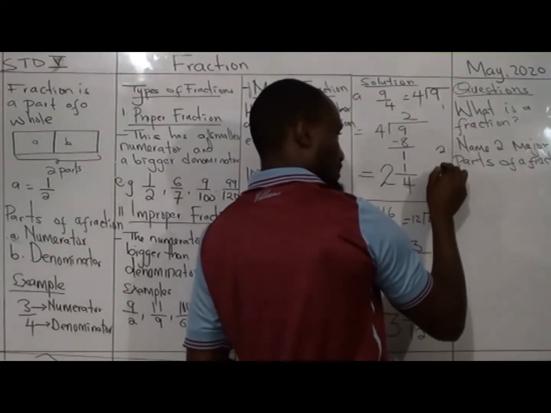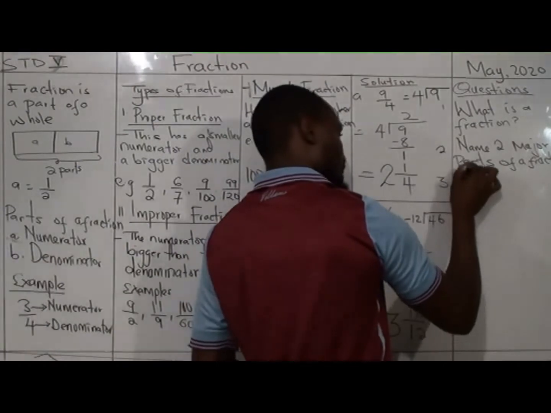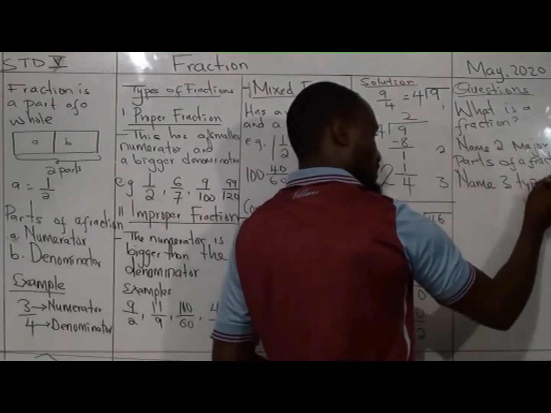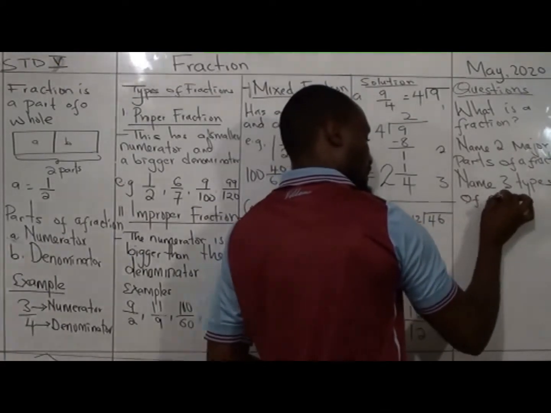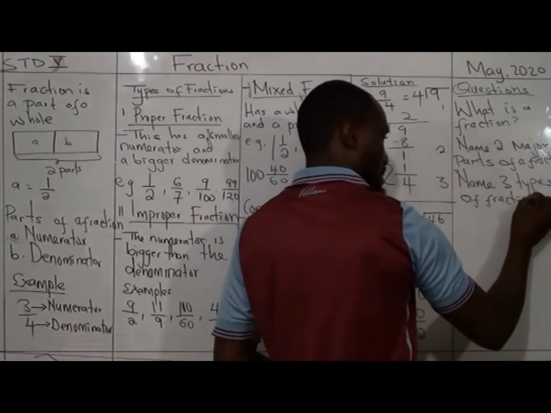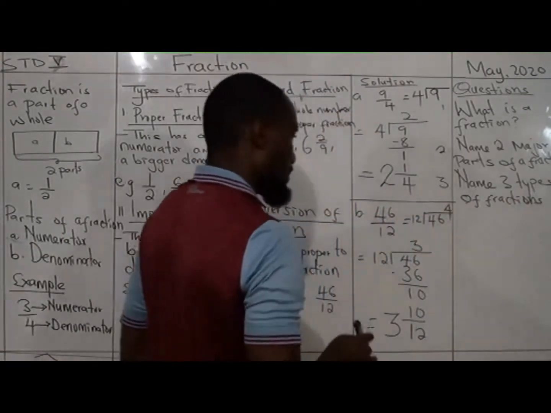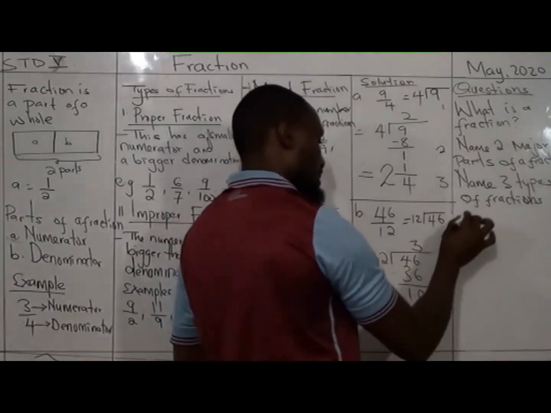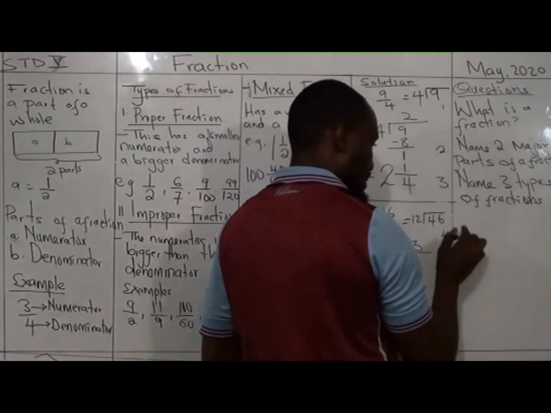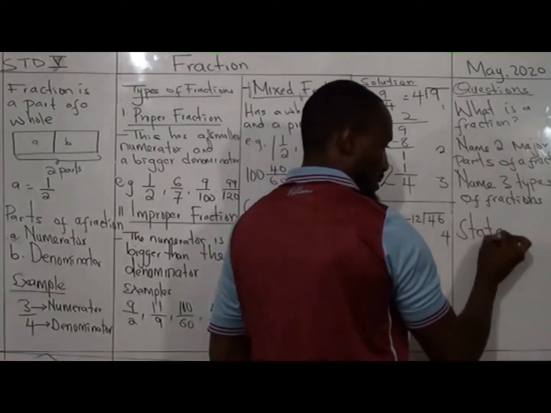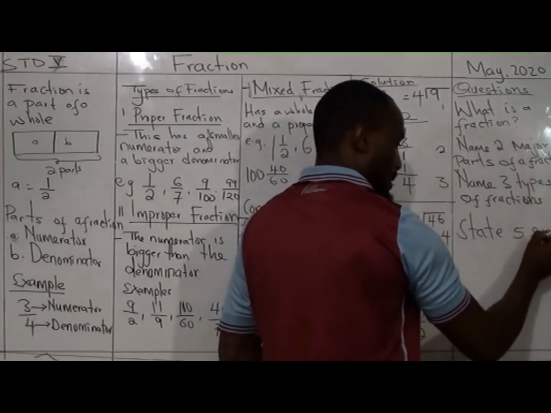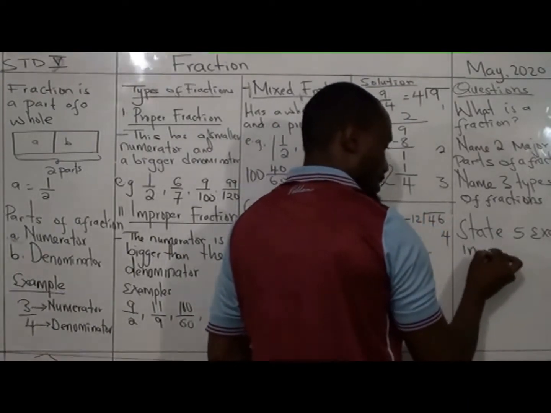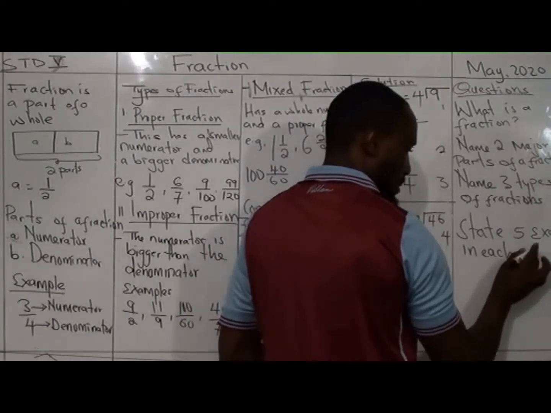Number 3, name 3 types of fraction. Number 4, state 5 examples in each group, each type.